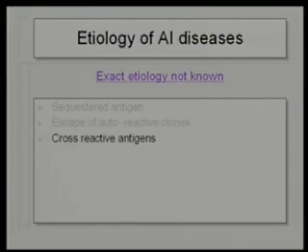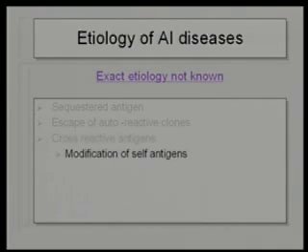Okay, cross-reactive antigens. I told you about that: after certain infections, antibodies are produced that cross-react with the cell. Post-streptococcal myocarditis: anti-heart valve antibodies are produced after streptococcal infections. Modification of self-antigens: viruses, when they infect cells, can modify the antigens.